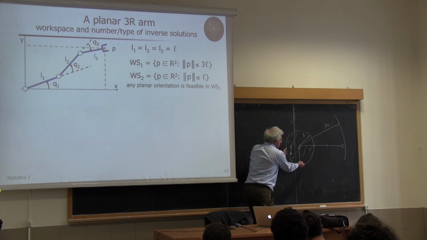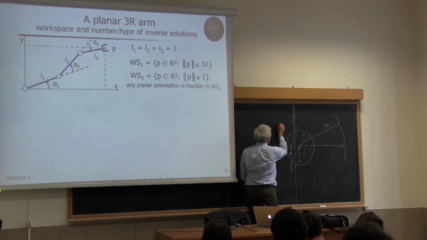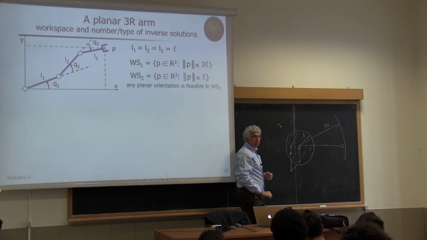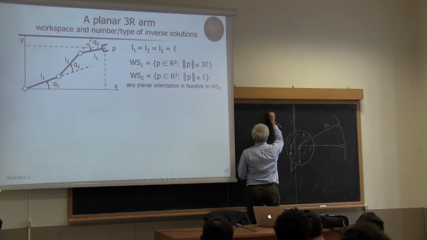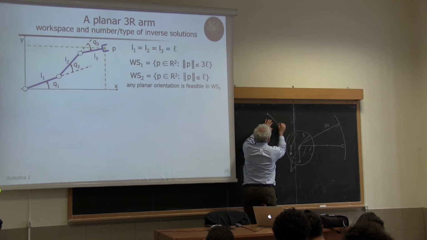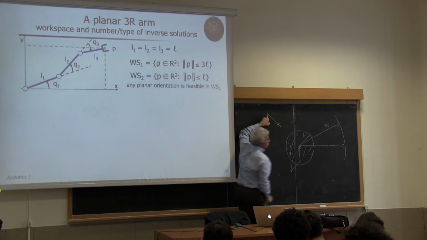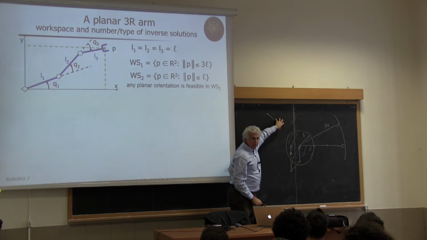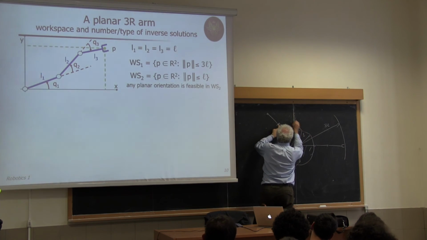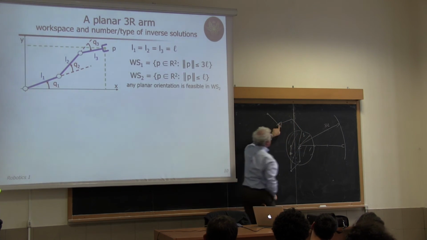Why is this limited here? If I'm taking a point here and I'm saying that I want to point in this direction so that this goes there, this is the third link. Now with the 2 links I cannot reach this point. So here I can reach this position, and possibly with many configurations like this one.